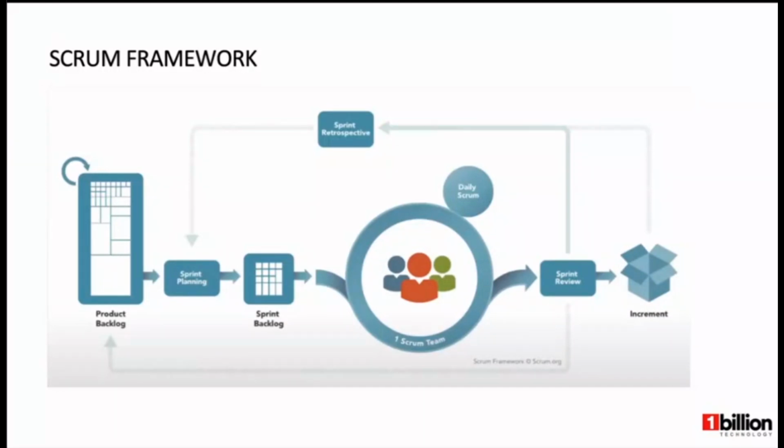To understand this, we have the first one over here, the product backlog. We have the entire backlog here, which has all the requirements from start to end. Also, you can add requirements later as well, because these are not fixed requirements, and that's why you can see the small boxes in the product backlog here.